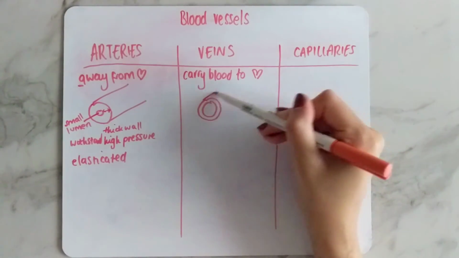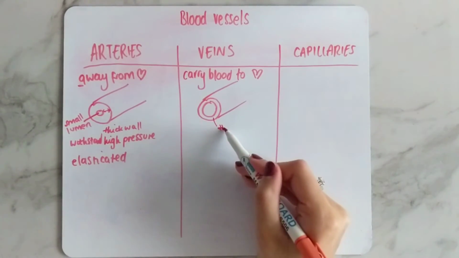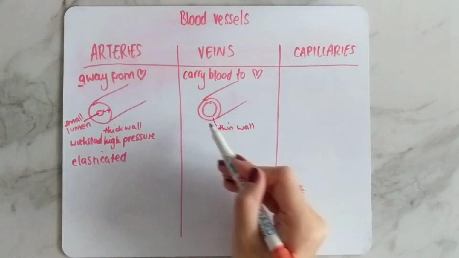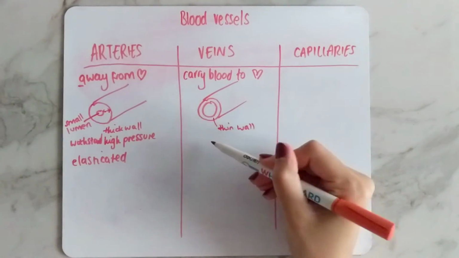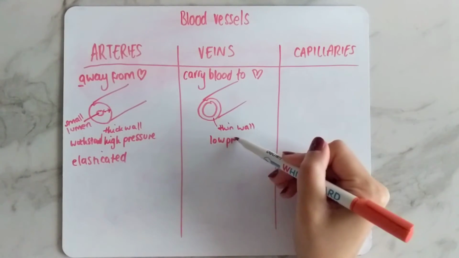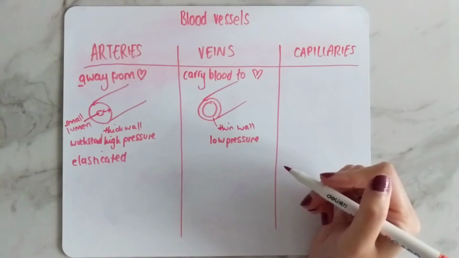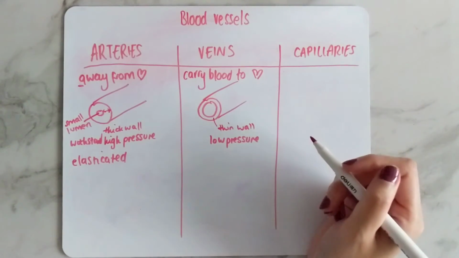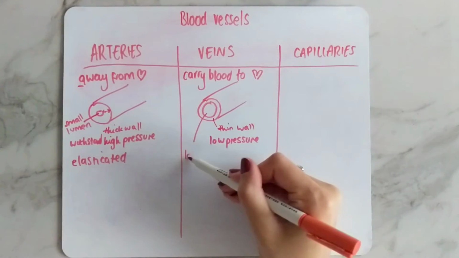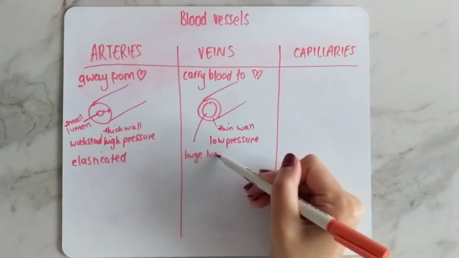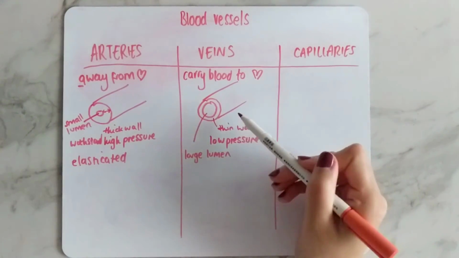So again, a tube. But this time you can see the wall is thin. In comparison to the artery, the wall is thin. That's because blood is being carried under low pressure, because it's being carried back to the heart, as opposed to being pumped to the rest of the body. So it's under lower pressure, and the lumen is larger. So larger lumen, thin wall.